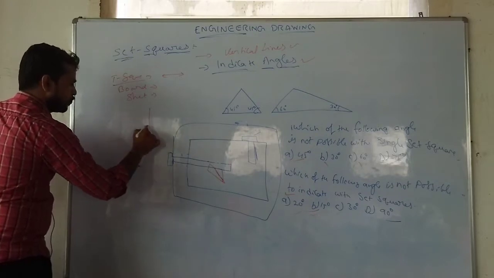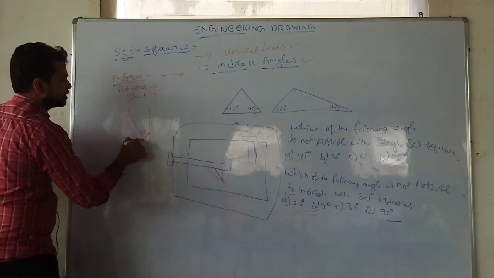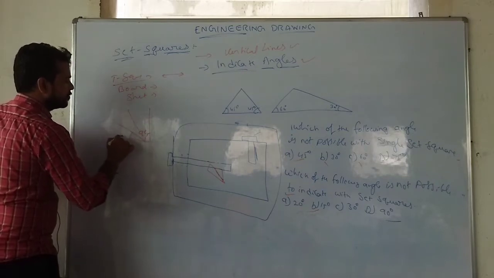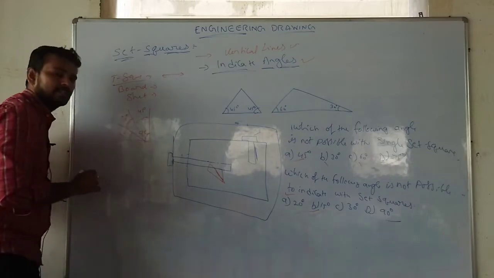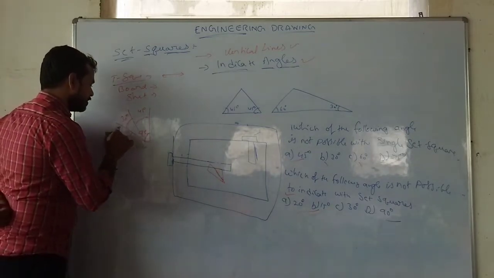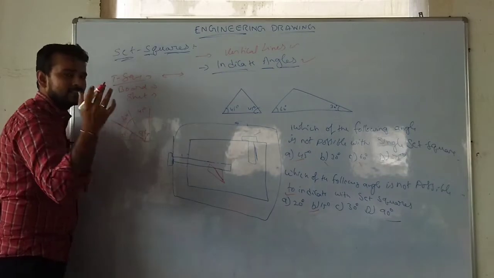If you place 45 degrees set square and 30, 60 set square, the remaining angle will be 15 degrees. Why? Because of here it will be 45, it will be 30. So that 15 degrees also you can indicate, but 20 degrees is not possible.